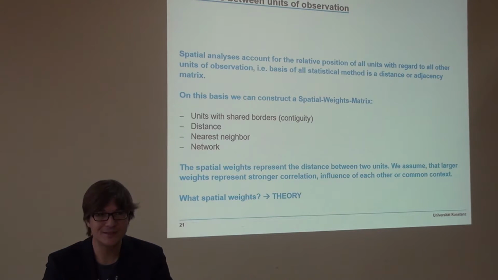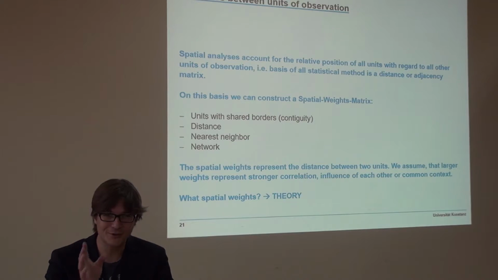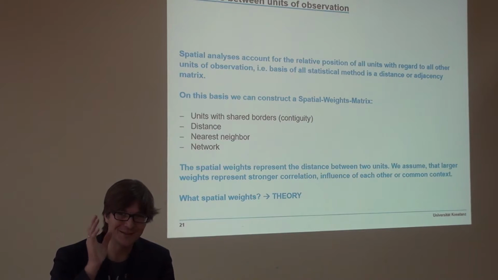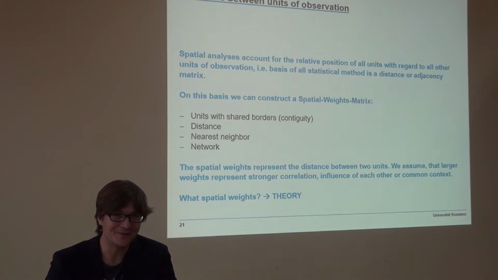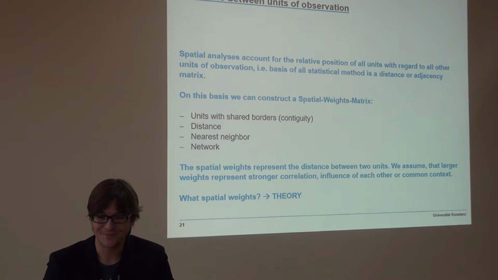What spatial weights you use, like the cost or the direct distance or the time, you have to have some theory on. That depends on the case and the research question, I think.